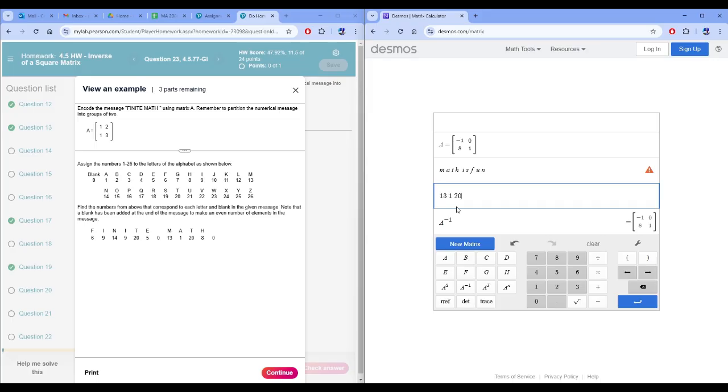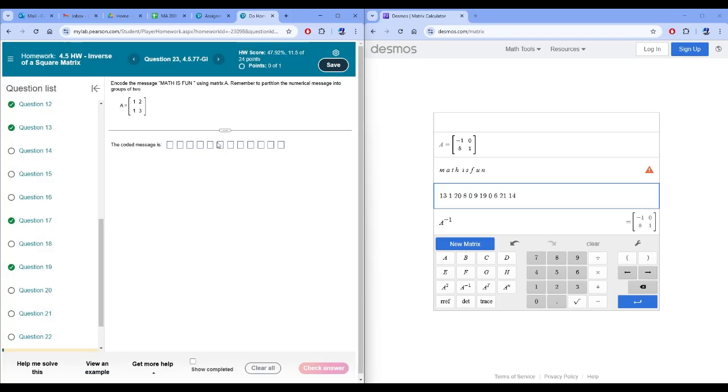T is 20, H is 8, then 0, then I is 9, S is 19, space is 0, F is 6, U is 21, and N is 14. So that should be my message. My coded message is 13, 1, 20, 8, 0, 9, 19, 0, 6, 21, 14.